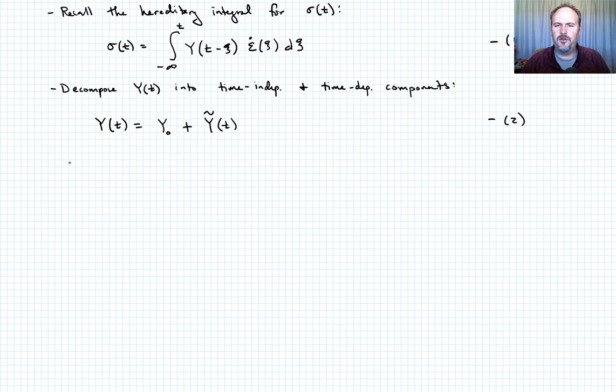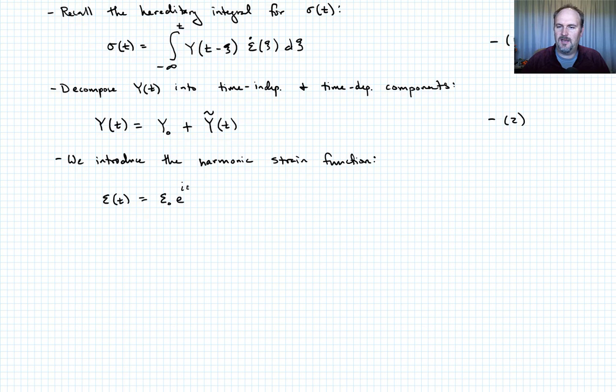Now let's go ahead and introduce our harmonic strain function. Okay, and that harmonic strain function is just going to say that epsilon as a function of time is equal to some amplitude, call it epsilon naught, and then our harmonic term, which is e to the i omega t. Okay, let's call that equation 3.